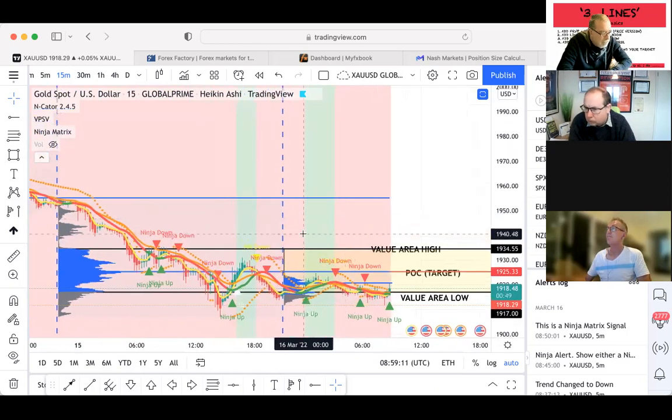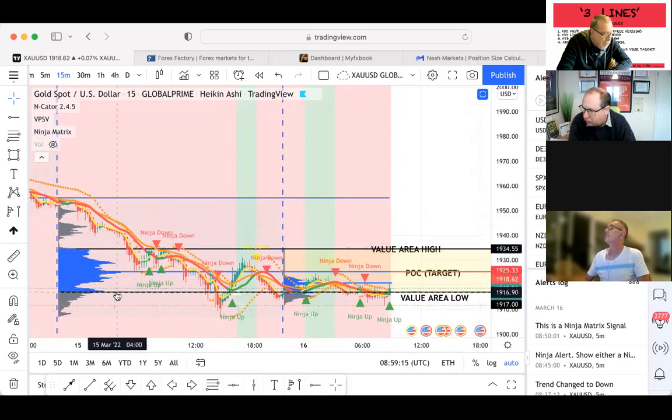I look left and I look at yesterday's volume profile, and you see that the peak of the volume activity was at that red line there, which is indicated, but there's another peak just above it, and below it, it tends to fall back.